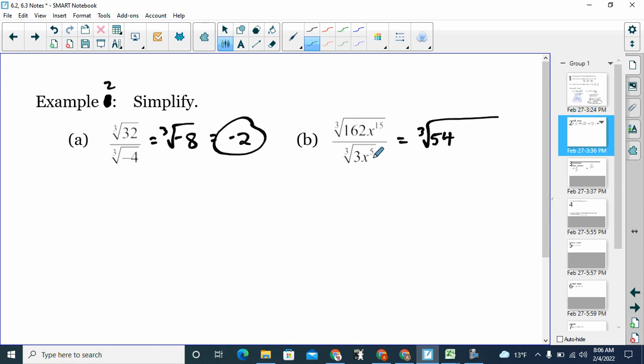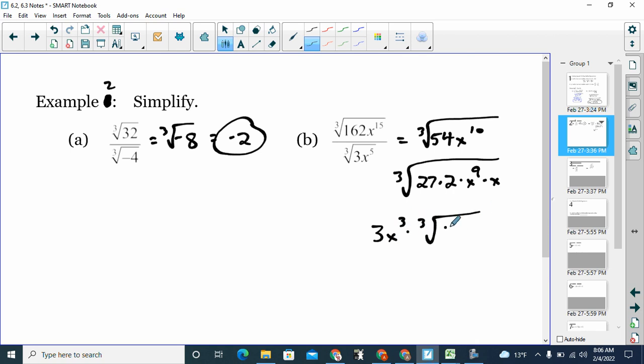X to the 15th divided by x to the 5th is x to the 10th. 54 has a factor of 27. 10 divided by 3 doesn't come out even. I need to make part of it so it comes out even, and part of it doesn't. I get 3x cubed times the cube root of 2x.